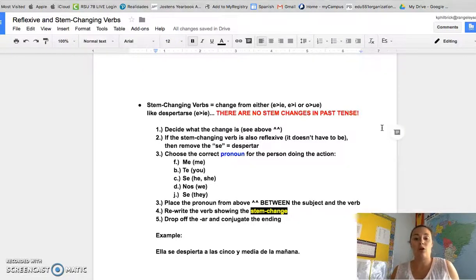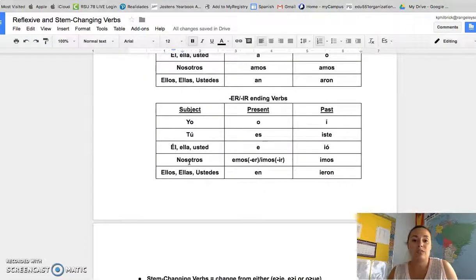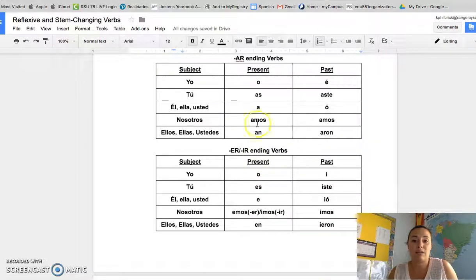Acostarse is an O to UE change. There's only one O, so you know that that's changing to UE. And then figure out, obviously, that most of the pronouns are going to be me, and probably all of the endings, if you're using present tense and talking about yourself, are going to be O, regardless of whether it's ER, IR, or AR.